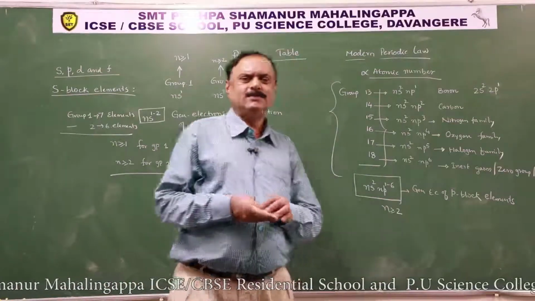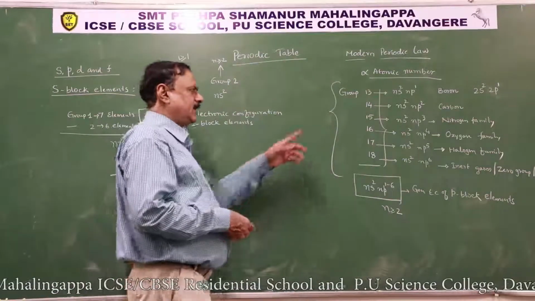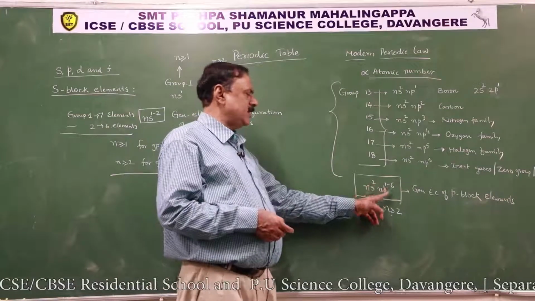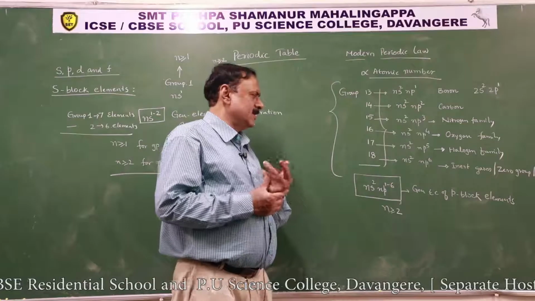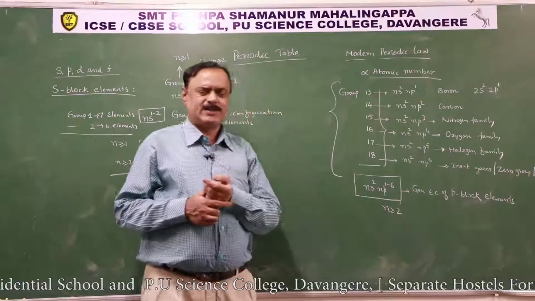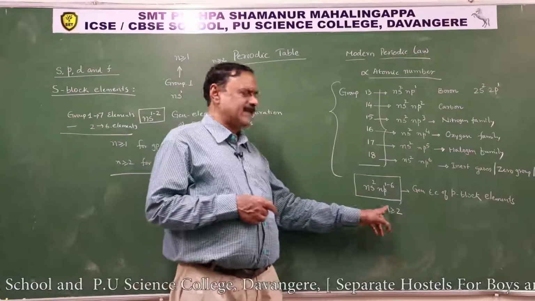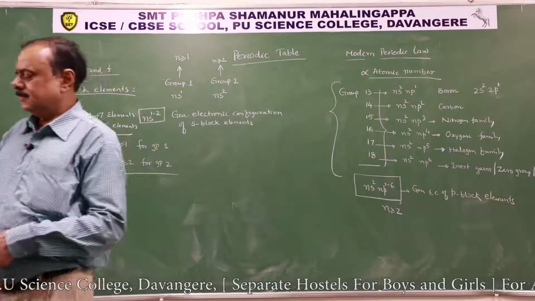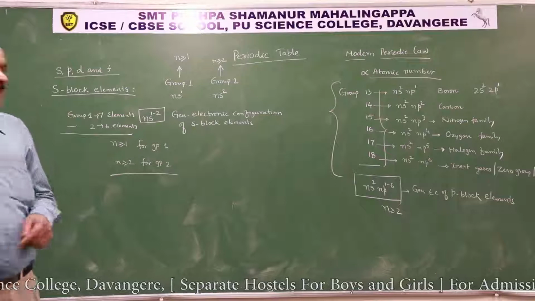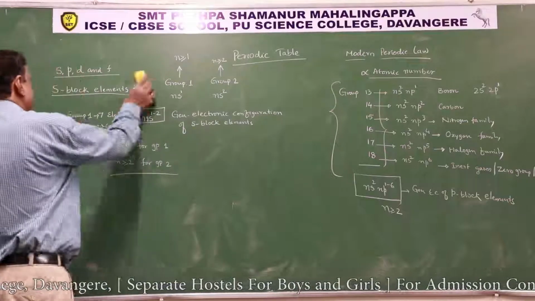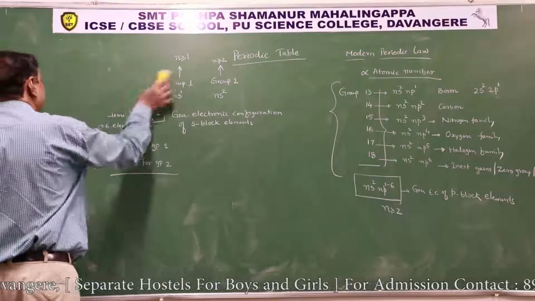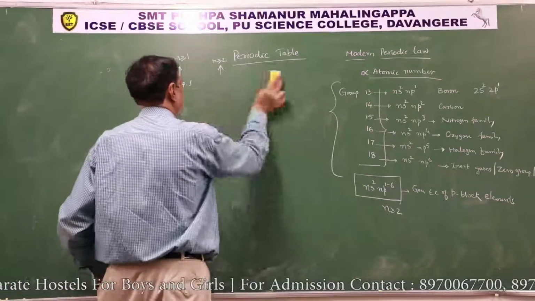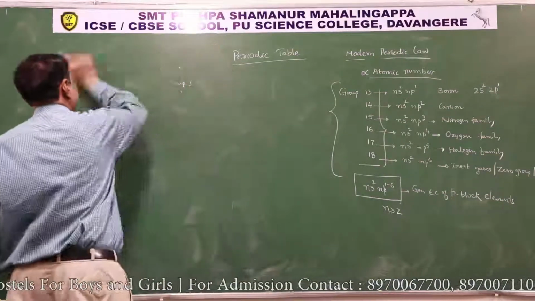Is it clear? Therefore, we have ns2 np1 to 6 as the general electronic configuration of the P block elements, where n is greater than or equal to 2. Okay. Now, they exhibit metallic property, non-metallic property, as well as metalloid property.